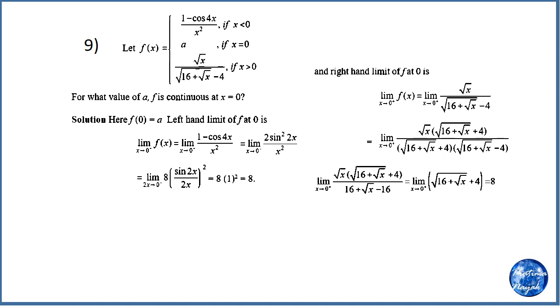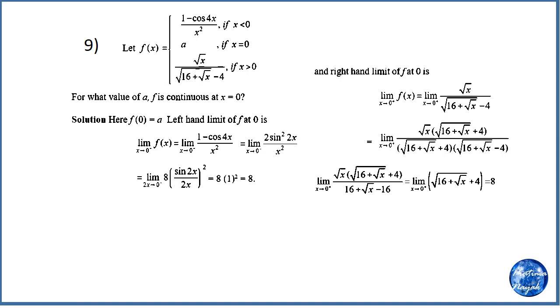Now 16 cancelled, and root x also cancelled with this root x. So what will be there? Under root 16 plus root x plus 4. Now put x equal to 0. So how much will you get? You will get 4 plus 4, 8.